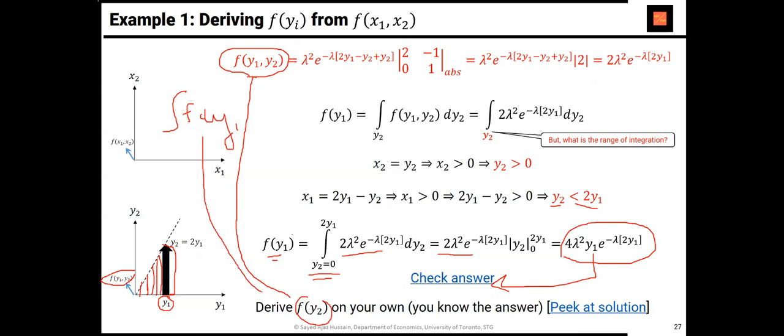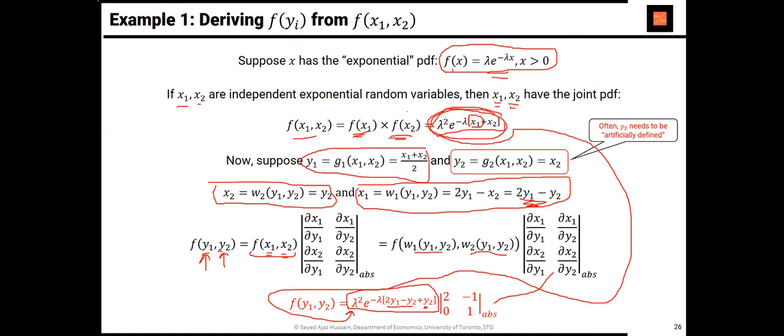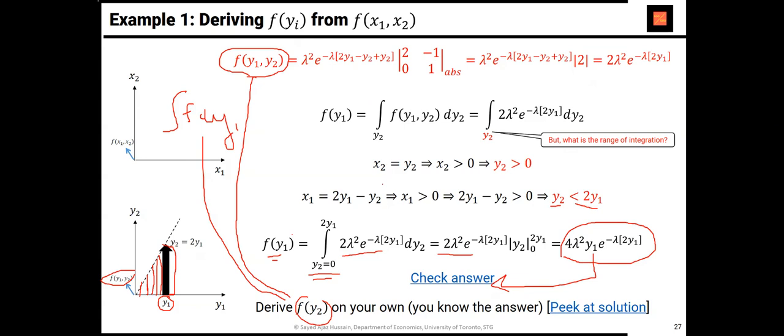That should give you this thing over here. But since you know x2 is equal to y2, the answer you get doing it this way must be exactly equal to the answer that you knew the other way. So if you do the math the right way, you should find that the density of y2 is lambda e to the power minus lambda y2. That's the hard part.